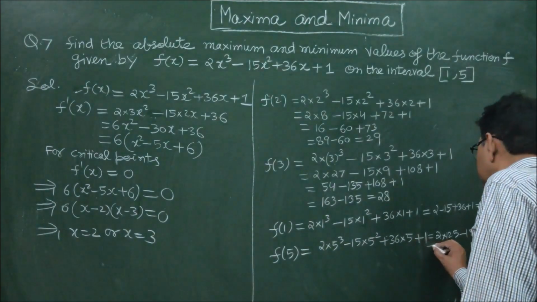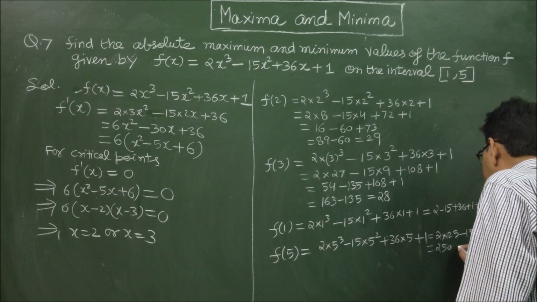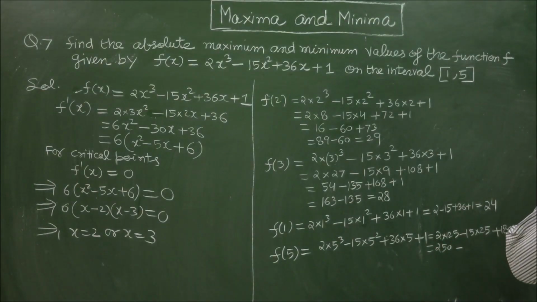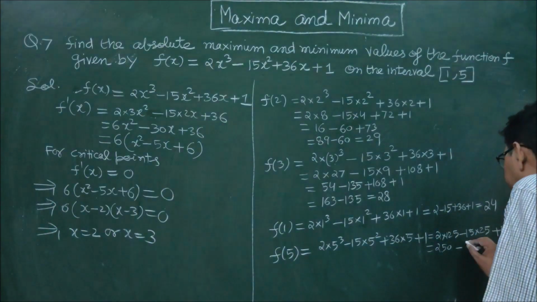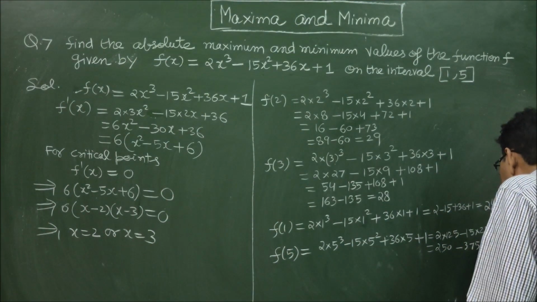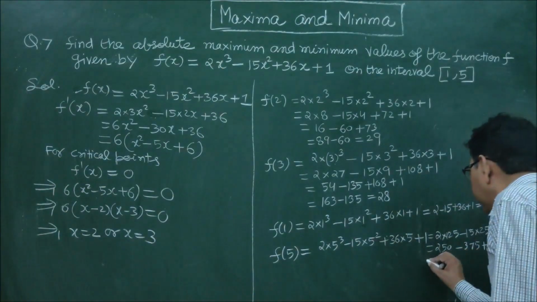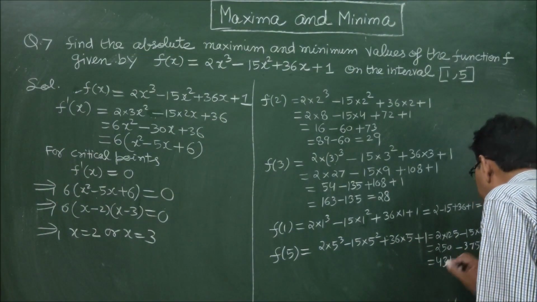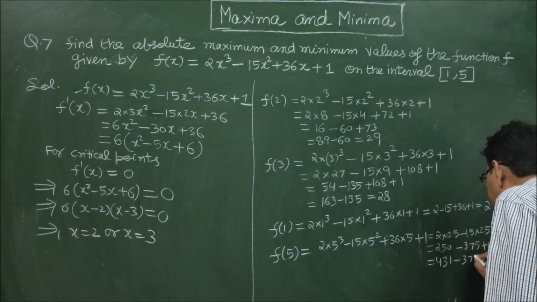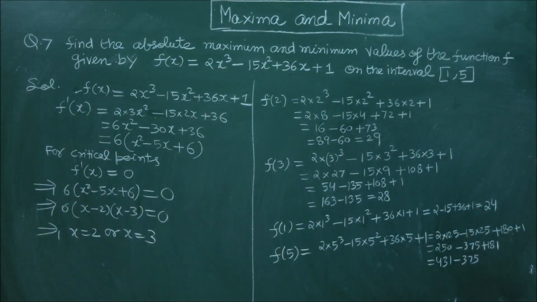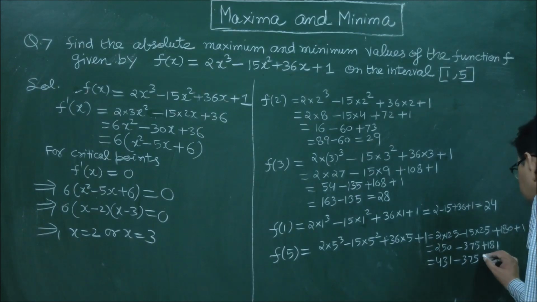That is 250 − 375 + 181, which is 431 − 375, and that is 56.